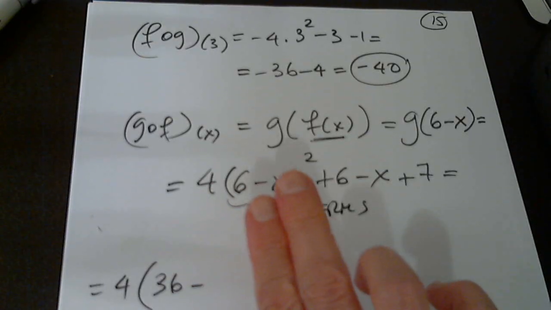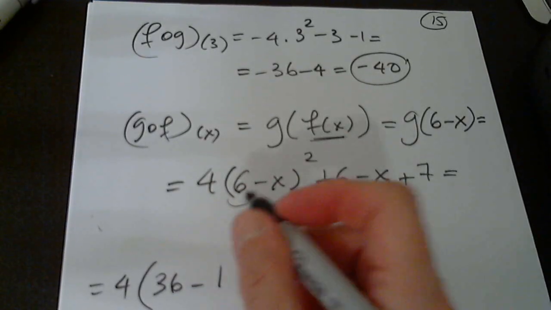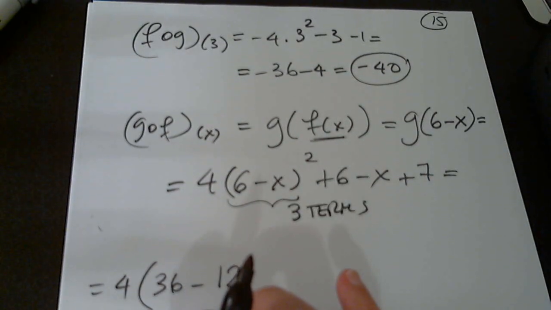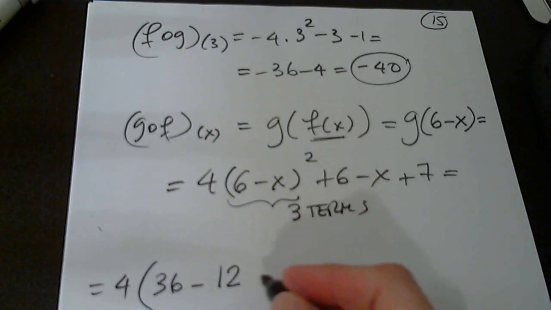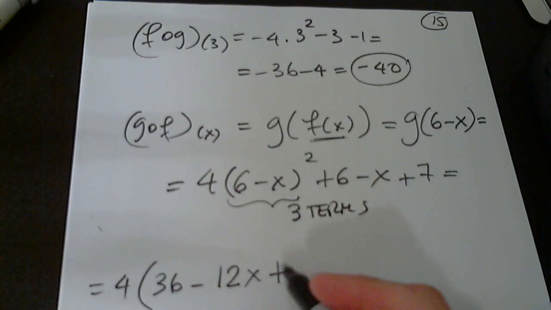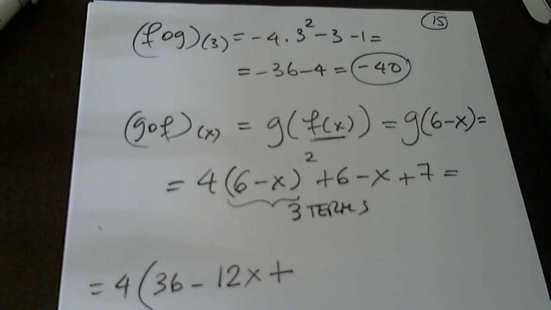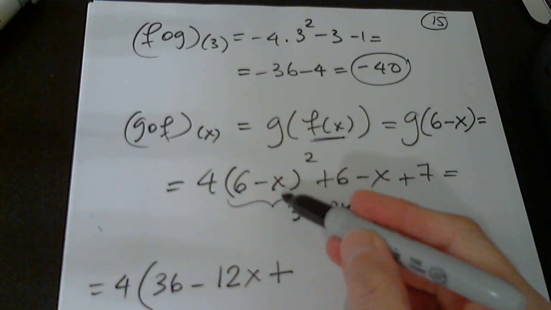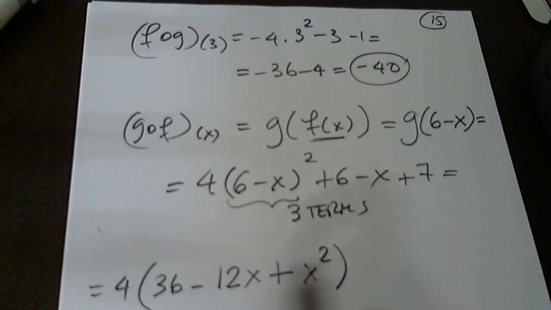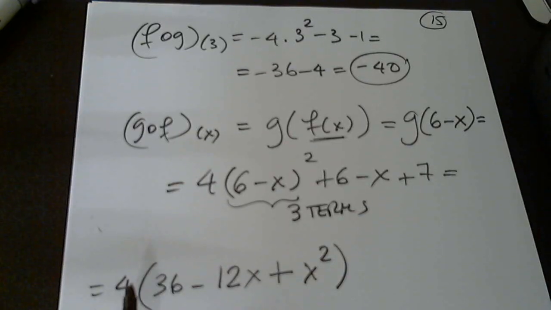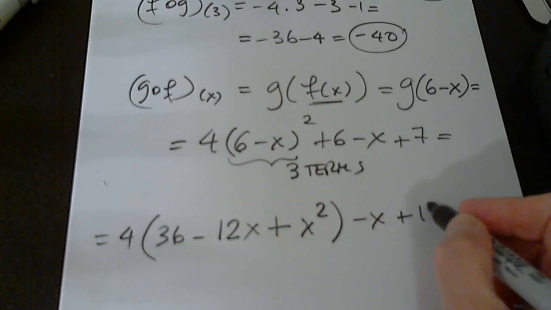And then would it be 2 times 6 times negative x? The negative was already taken into account. Okay. So 2 times the first times the second is 12x. And now plus x squared. That's it. Do not forget, we have to have parentheses because we have not distributed 4 yet. So minus 6 plus 13.